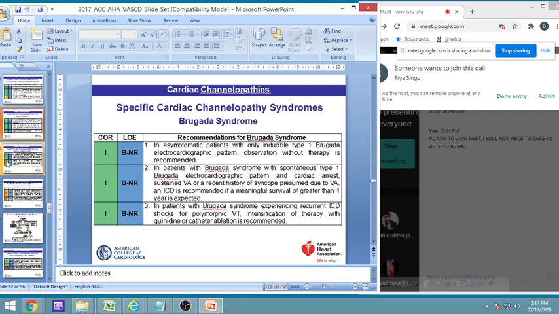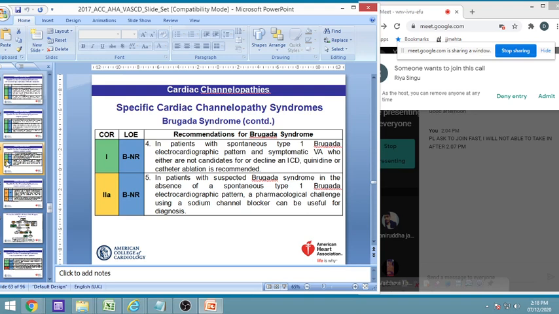Catheter ablation, I told you what it is. A catheter is pushed to the area from where more impulses are coming, and that tissue is destroyed by various means, either by heat, by chilling, or by surgical removal. That portion is removed, and this is called catheter ablation.